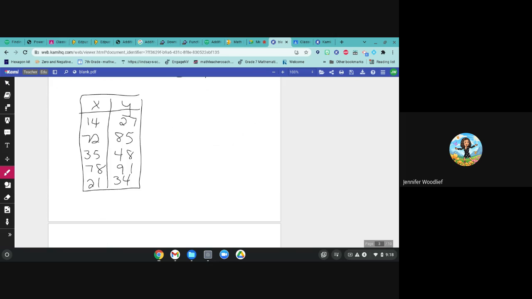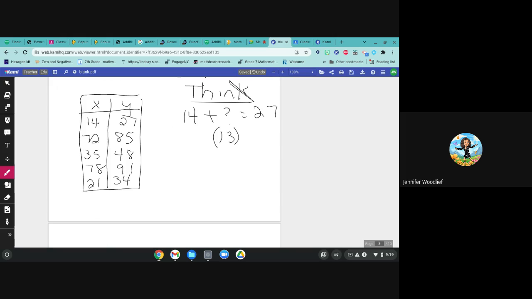I always start with addition first. You don't have to. You can think of multiplying first if you want to, but I always start with addition first. So this is what I'm thinking: 14 plus what would give me 27? 13.